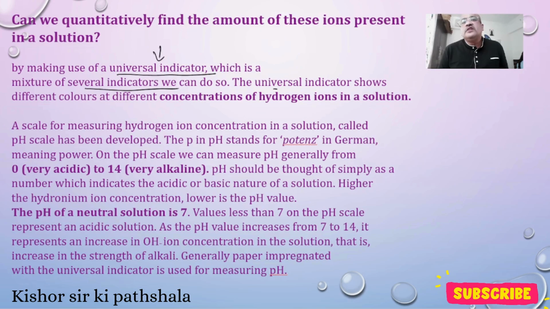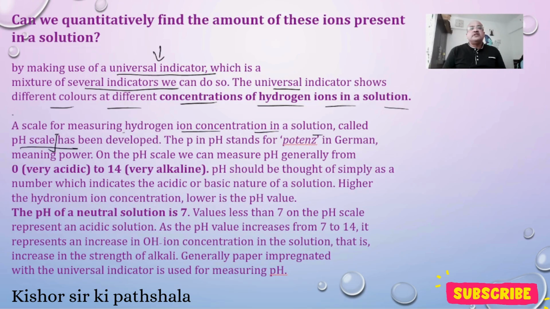The universal indicator shows different colors at different concentrations of hydrogen ions in a solution. Whatever hydrogen ions may be present, it will show different colors of the given solution. A scale for measuring hydrogen ion concentration in a solution is called the pH scale.